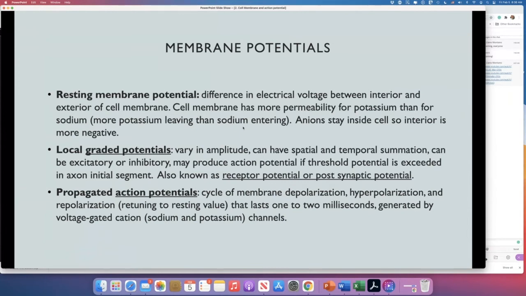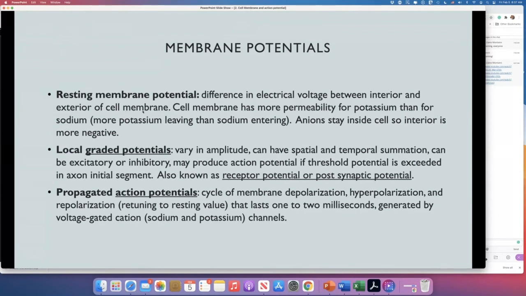When I say work, I'm talking about the capacity to transmit signals. A membrane potential, or a difference in electrical voltage, which is the definition of a potential, is the difference in electrical charges between the interior and exterior of a cell membrane.